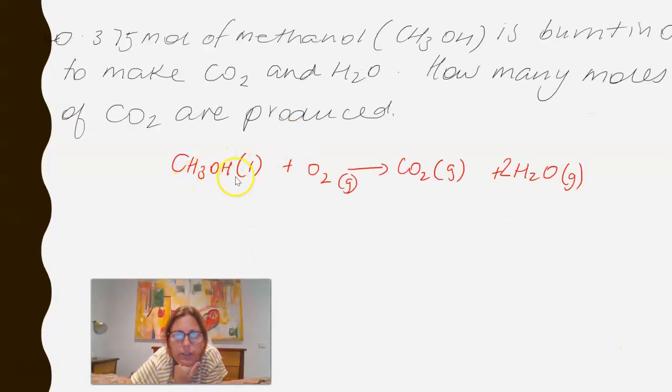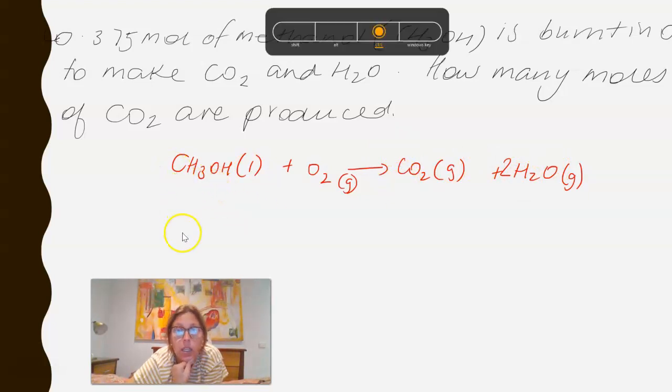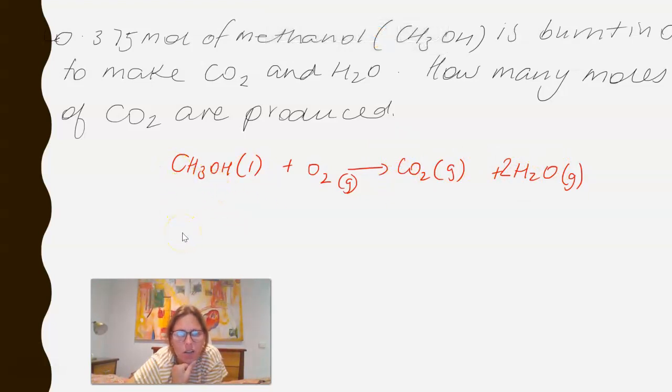Okay, so we've got our 4 hydrogens here and we've got our 4 hydrogens here. They're balanced. I've got my 1 carbon here, my 1 carbon here. It's balanced. So I'm now looking at the oxygens. On this side, I have got 3 oxygens, and on this side, I've got 4. So I look and I go 1. I need 3. Here's 1. And of these ones here, I need to get 3.